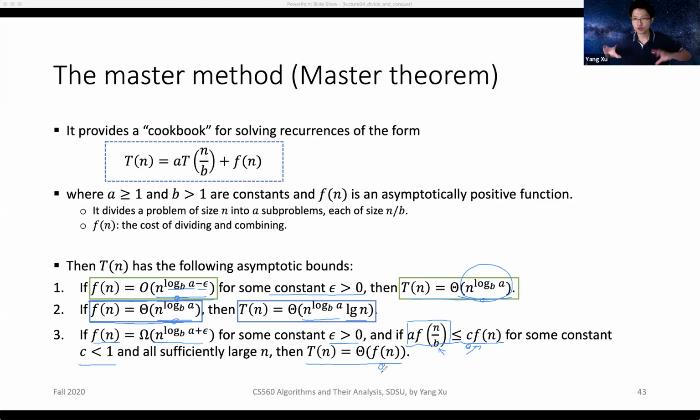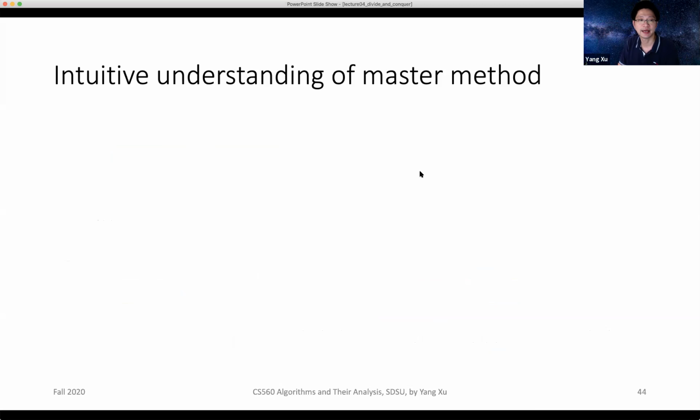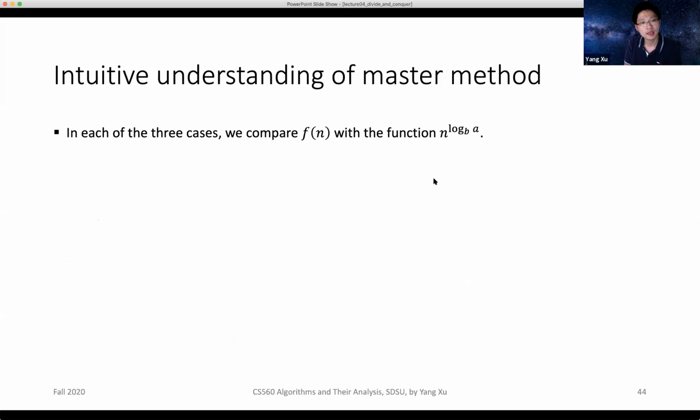Okay, so these 3 conditions here are very rigidly, strictly defined, but we can understand it from a more intuitive point of view. It basically says that we are comparing 2 functions, the function f of n and the polynomial function n raised to the power of logarithm b of a.